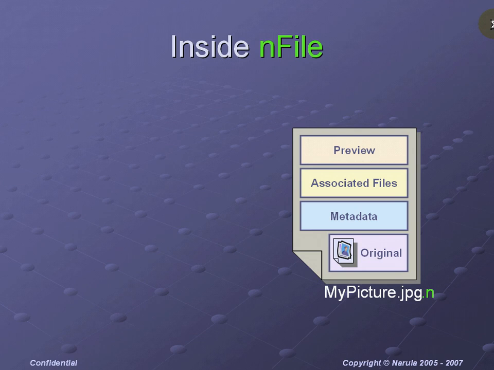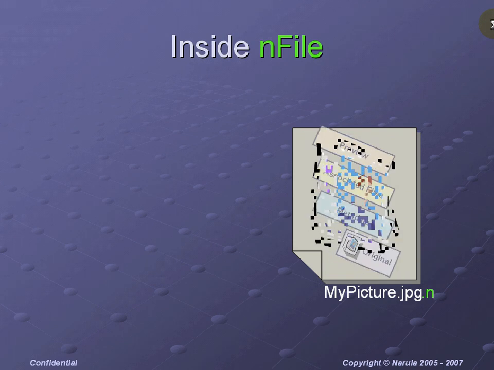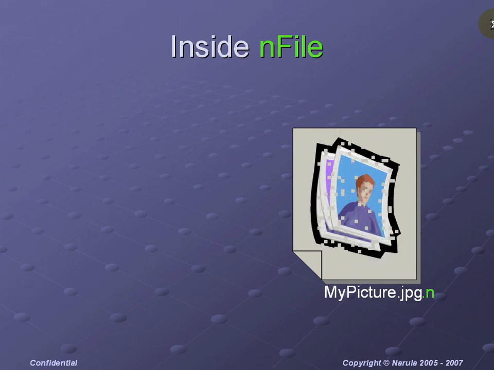The nFile then takes on the visual identity of the icon of the original file as its own. With all this, you get a new nFile.